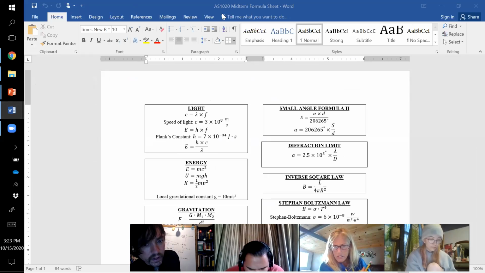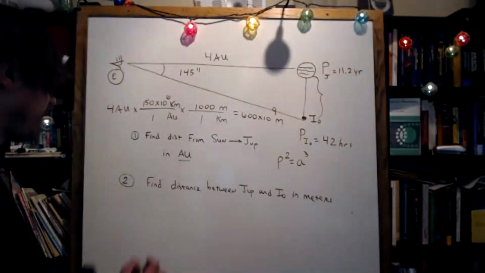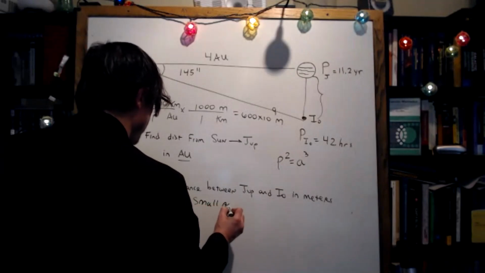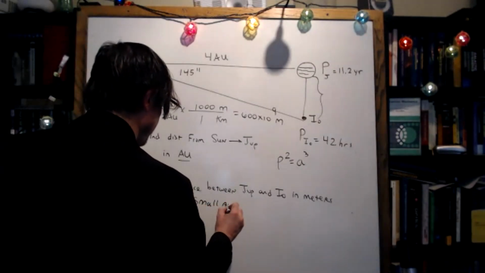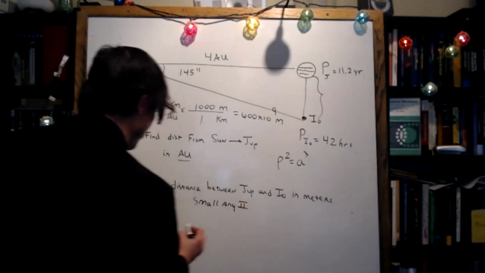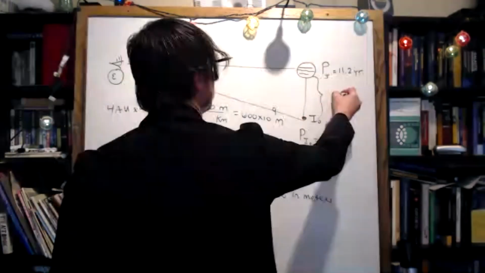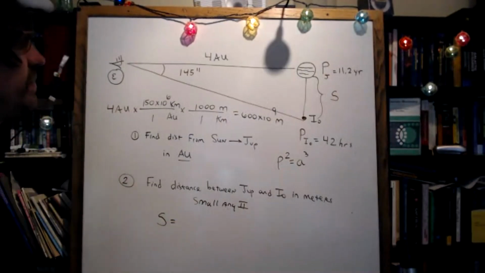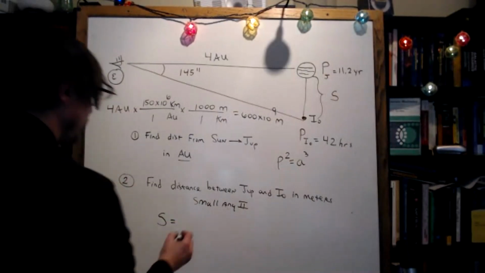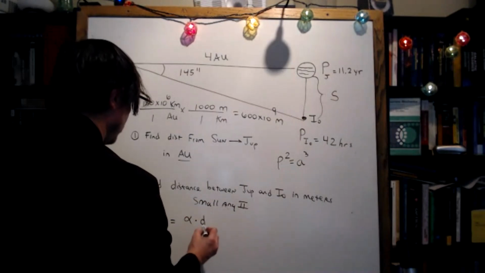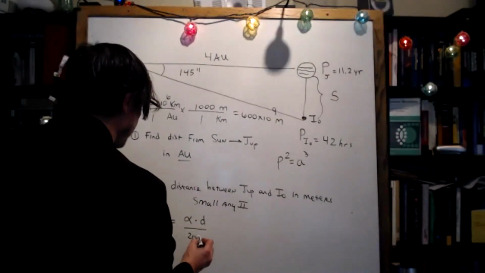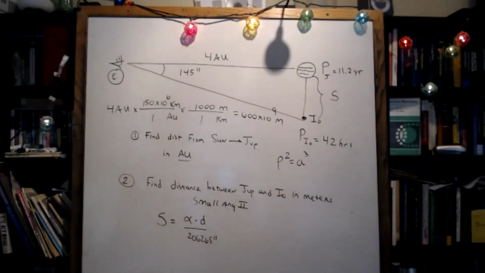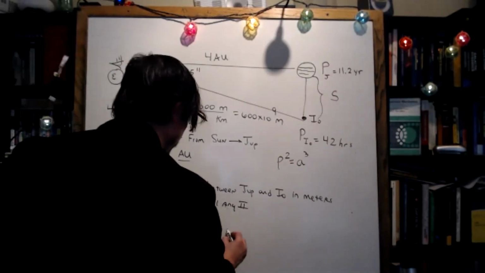Okay. So let's use the small angle formula part 2. S, the separation between the planet and the moon, is angular size times distance over 206,265 arc seconds.